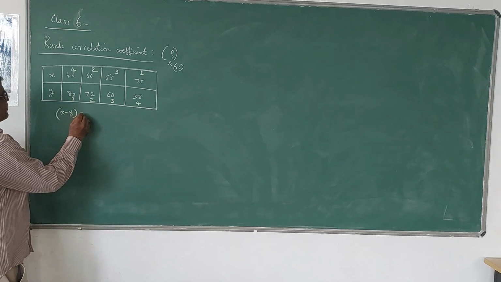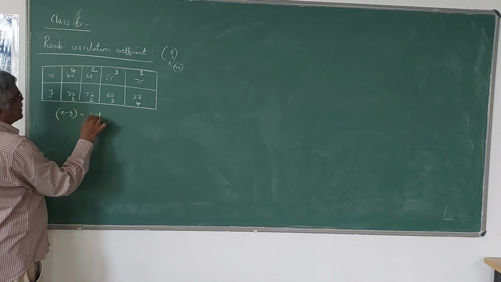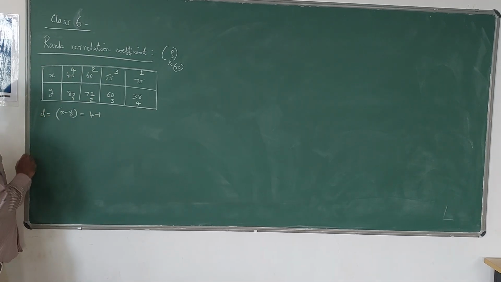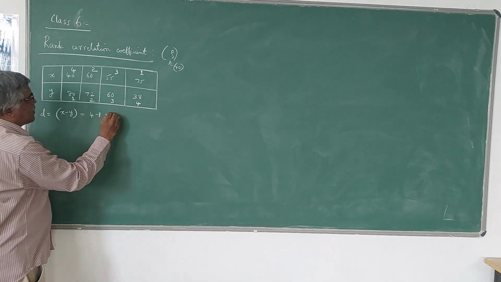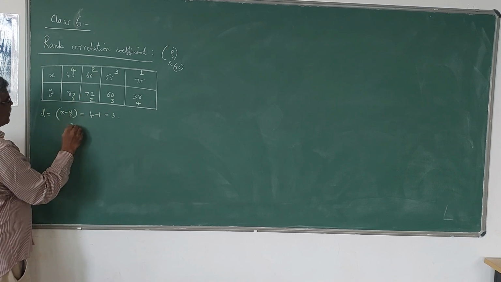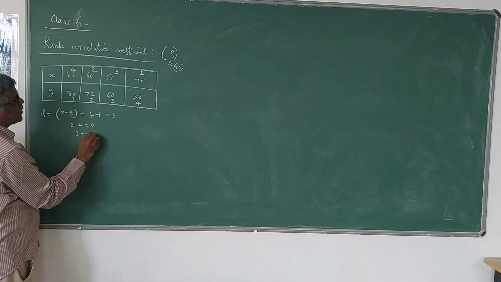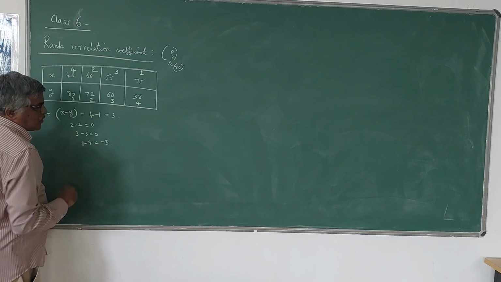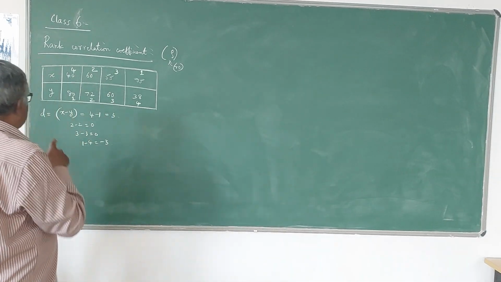So 4 minus 1, the difference between the ranks, which we call d. d is the difference between the ranks of x and y. So this becomes 3. Similarly, for the second, 2 minus 2 is 0, then 3 minus 3 is 0, then 1 minus 4 is minus 3.